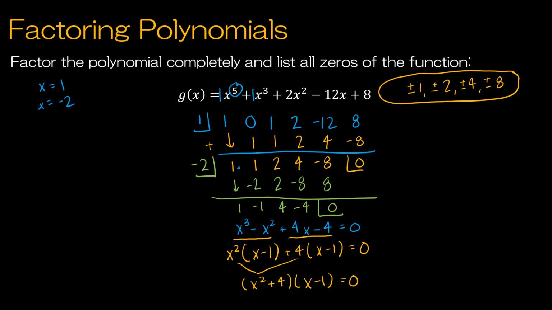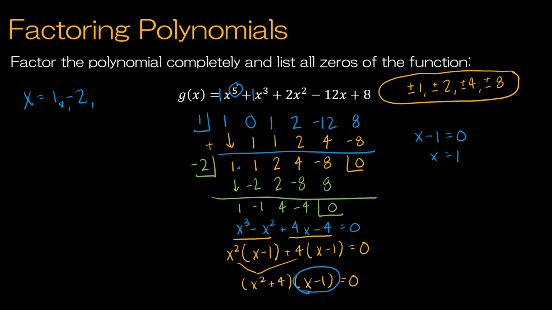So we know now that if I set each of these equal to 0, I already know that x is equal to 1 and x is equal to negative 2. If I set this factor, x minus 1, equal to 0, I get x is equal to 1. So that means this one has a multiplicity of 2.